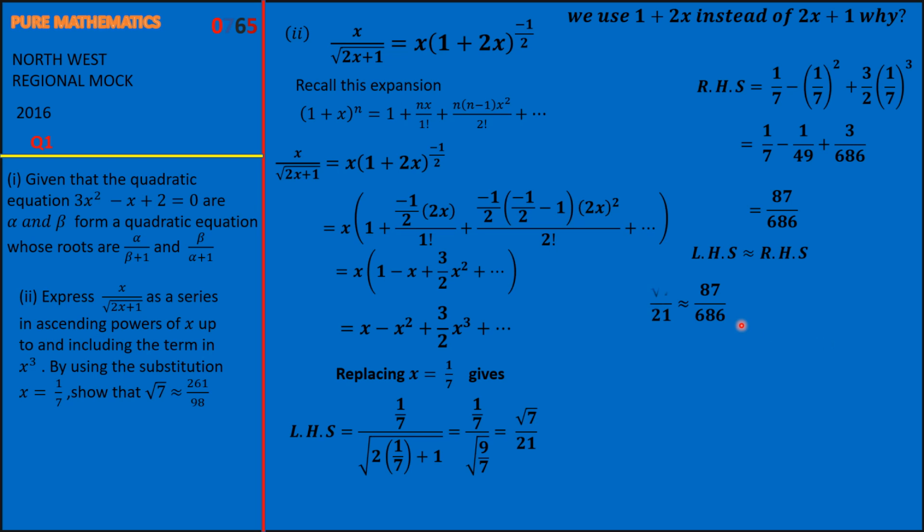So we have that what we have here on the left hand side, root 7 over 21, should be almost equal to 87 divided by 686. And now all you need to do here is to make root 7 the subject, multiply both sides by 21, and it gives us the proof as required.